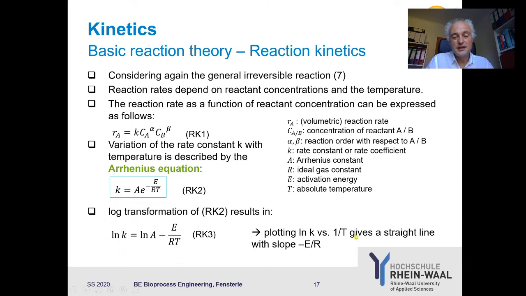If you plot 1 divided by T, you get the slope, E over R. In our calculation here, we don't care about what is E and what is R, so we can take this complete fraction as C, for example, and then we have ln A, and everything is fine, because we just want a mathematical correlation. We're not asked to get the activation energy, which is also more or less meaningless in specific growth. So that's not an issue. So now going back.